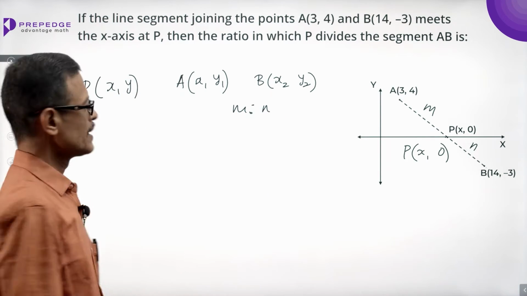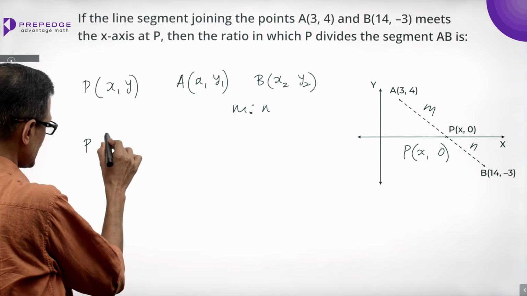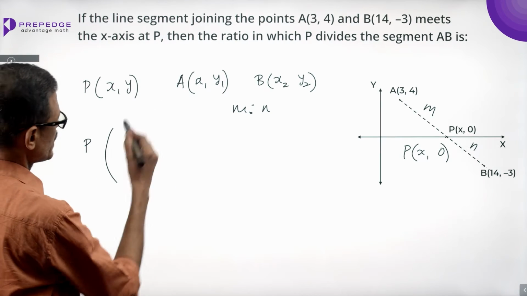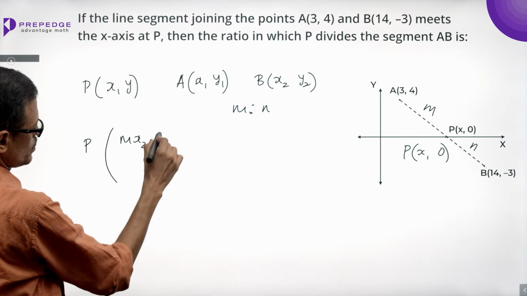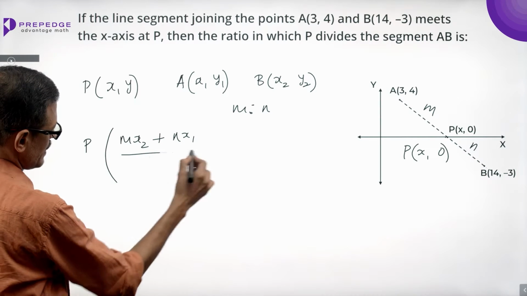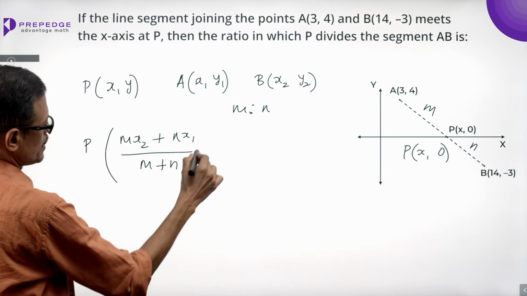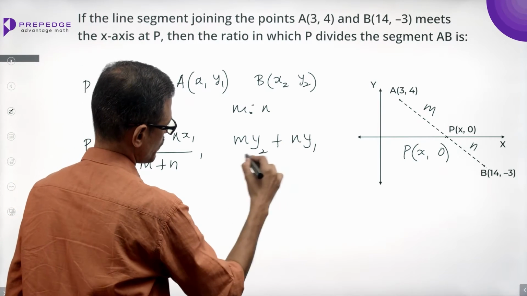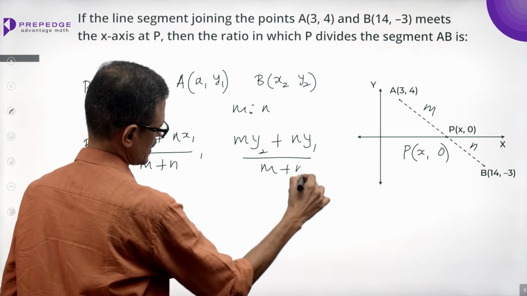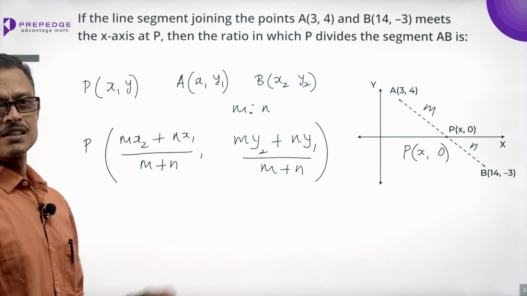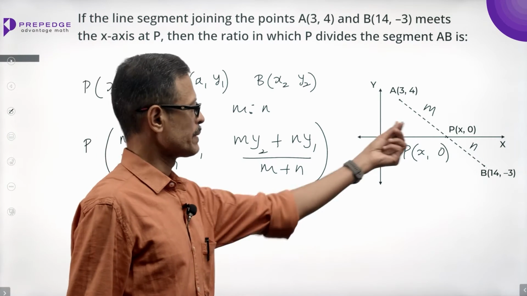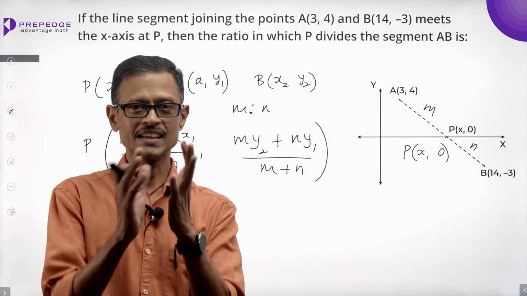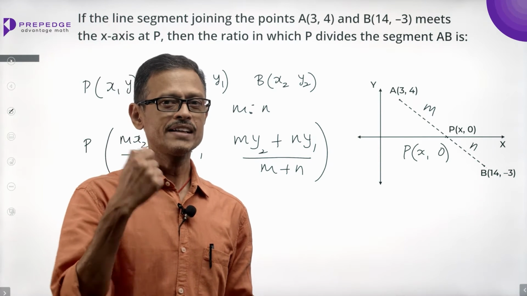Then the coordinates of point P can be found as follows. The x coordinate is mx2 plus nx1 divided by m plus n. The y coordinate is my2 plus ny1 divided by m plus n. So this is what we have. Now for point P, we don't have a value for x, but for y we have the value, y is equal to 0.